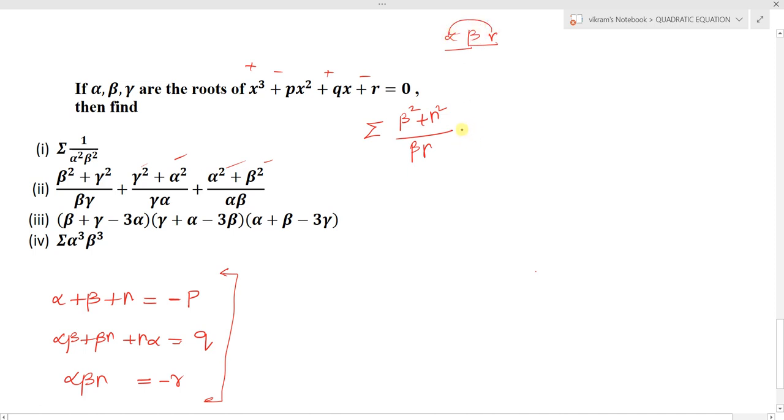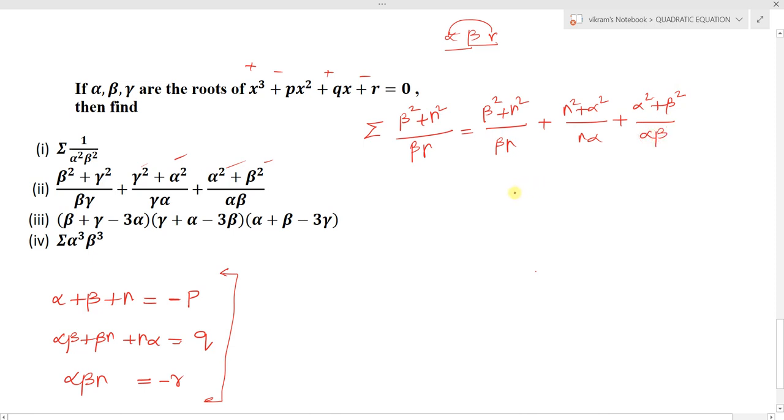Which can be simplified as beta square plus gamma square by beta gamma, plus gamma square plus alpha square by gamma alpha, plus alpha square plus beta square by alpha beta.